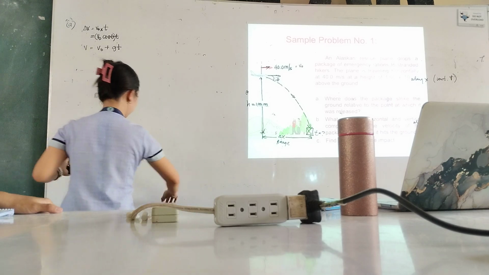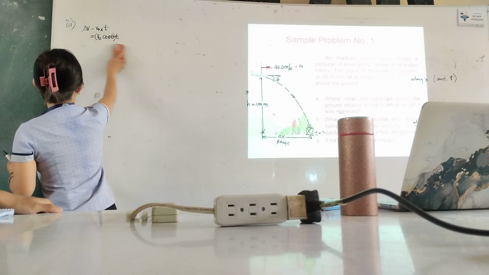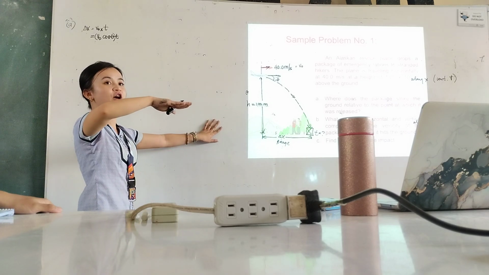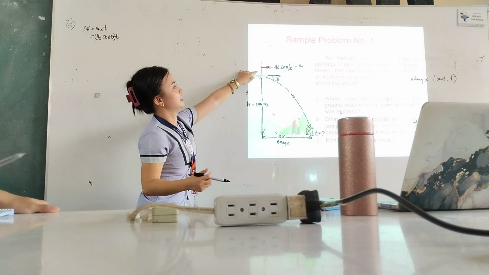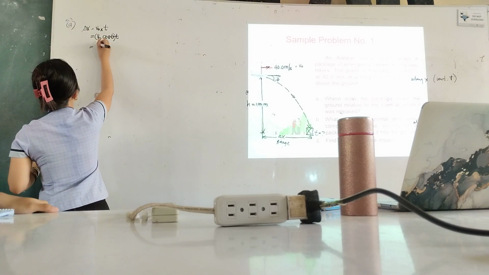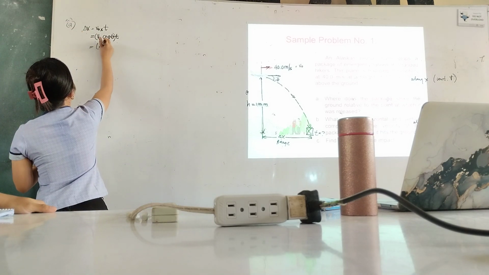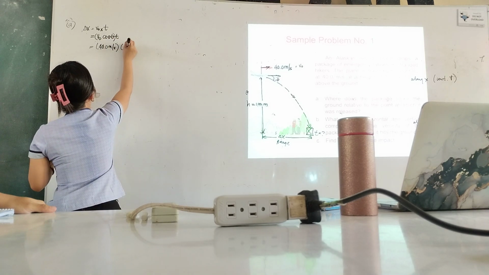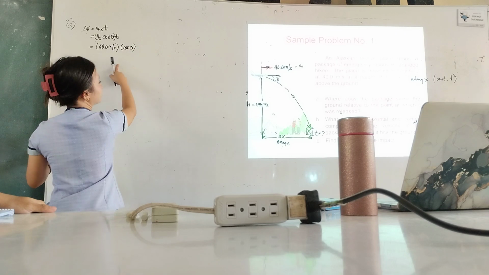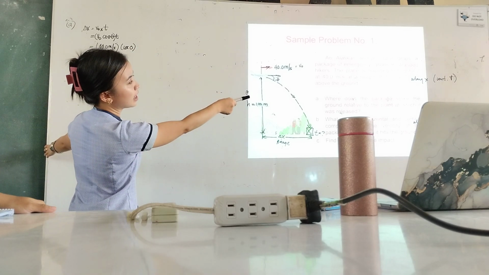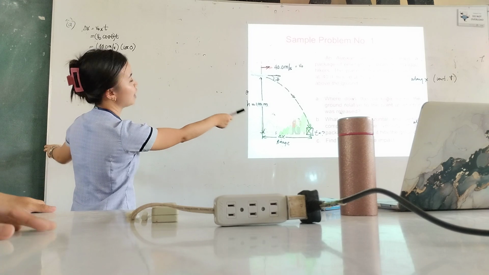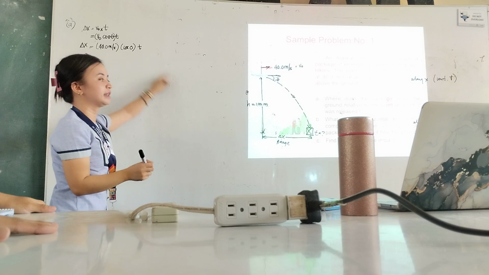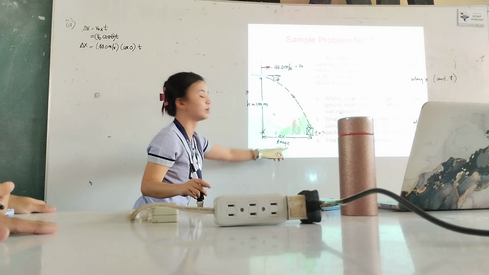So V0 is 40 times cosine 0. Time is unknown, so you have to find the time first when it reaches the ground.